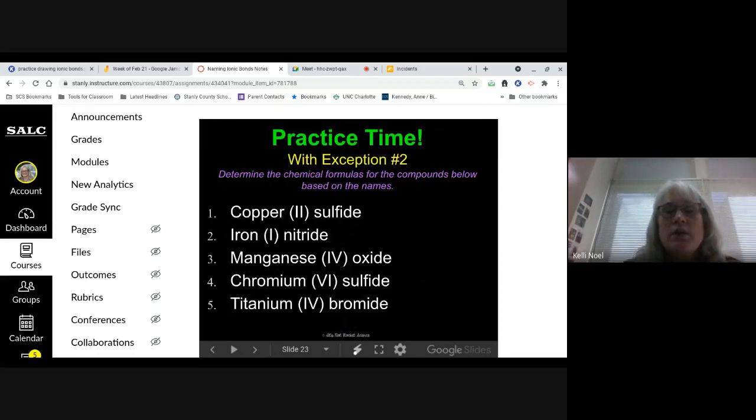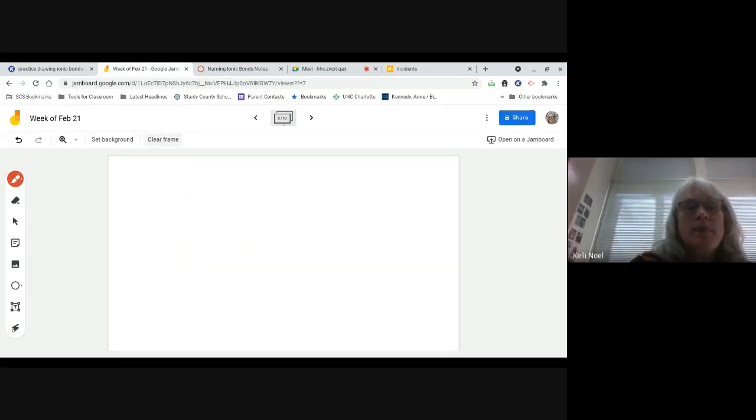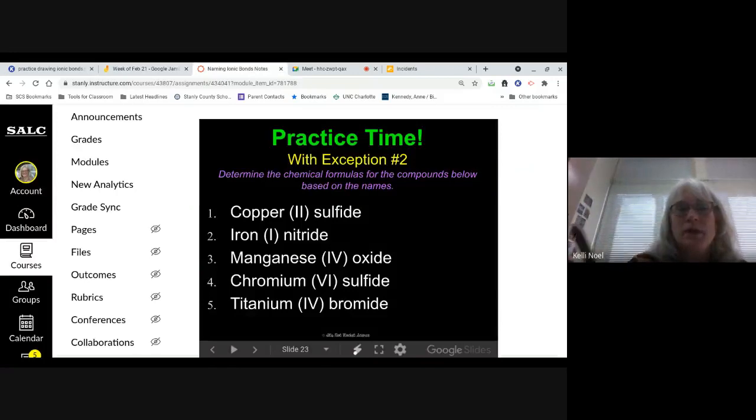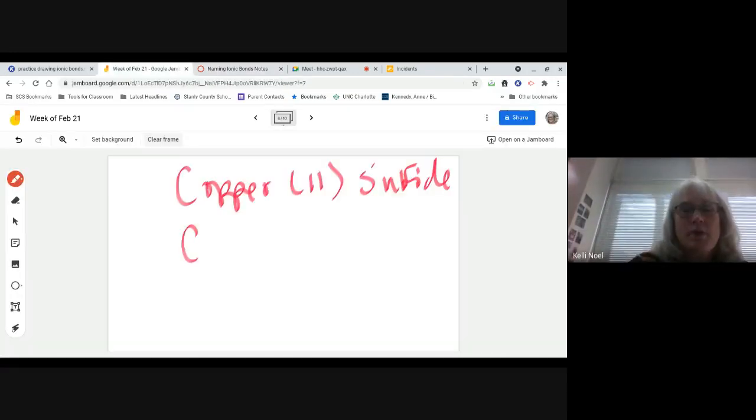So it's fairly simple with that. So we have some here. So we got copper 2 sulfide. So if I come over here, copper 2 sulfide. So I know that copper is Cu. This is a 2, so 2 plus. Sulfide is 2 minus. So I know that this is going to be CuS because the 2's are the same.